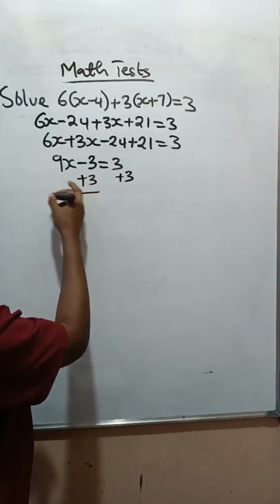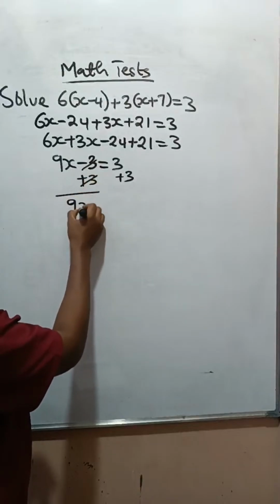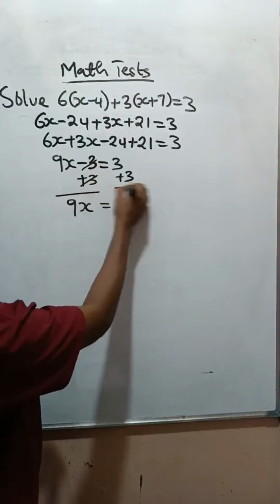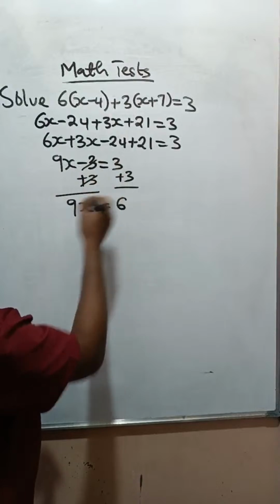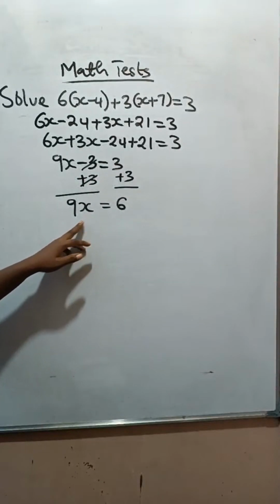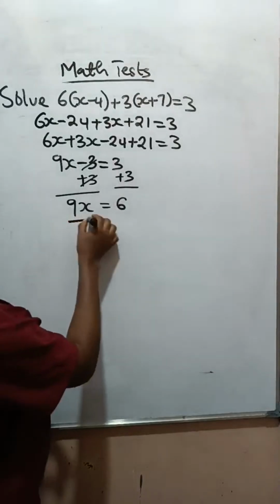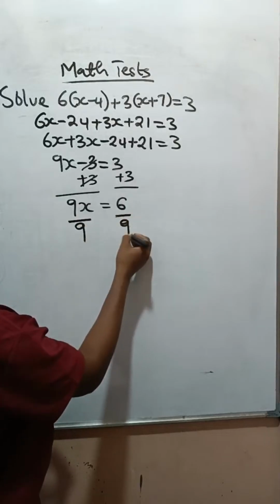So that way we have 9x minus 3 plus 3 is 0. So we have 9x is equal to 3 plus 3 is 6. So to get the value of x, we need to divide both sides by 9.